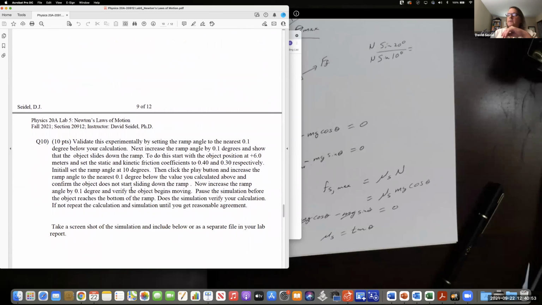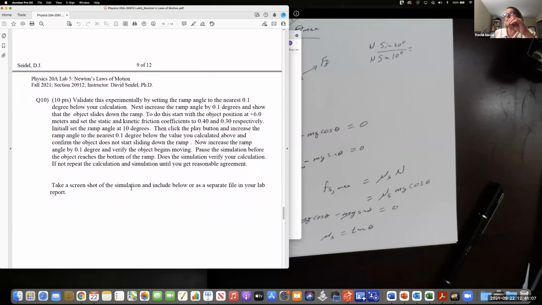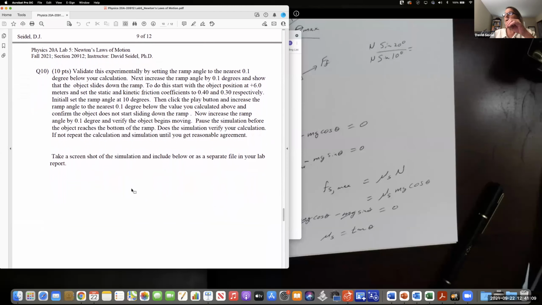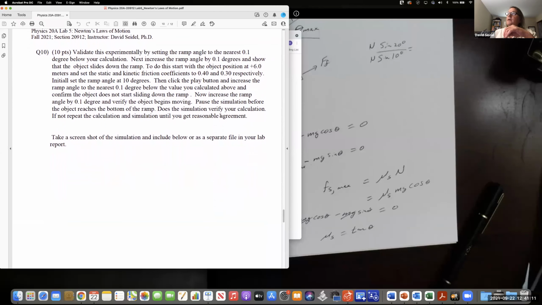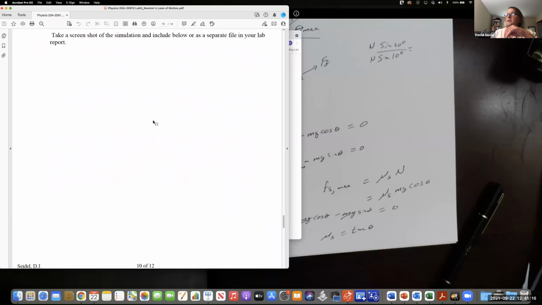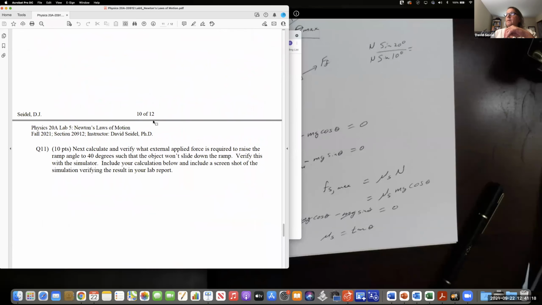And then you're going to set the angle to the nearest 1/10 of a degree below the value you calculated and show that it's not moving, and 1/10 of a degree above the angle that you calculated and show that it begins moving. You're going to verify your calculation. If not, you better repeat the calculation and get reasonable agreement.